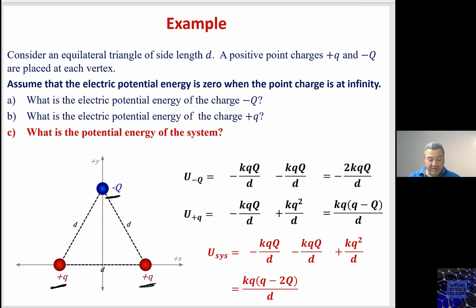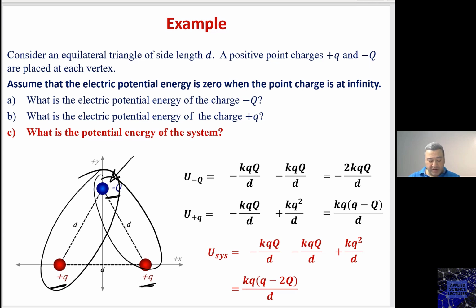Assuming that the electric potential energy is zero when the point charge is at infinity, as I said, this is the reference, I need to calculate the electric potential energy of the charge minus Q. For this charge, I have to include the electric potential energy between minus Q and plus Q and minus Q and plus Q as well, which is going to result in double the electric potential energy because the distances are the same and the values of the charges are the same.